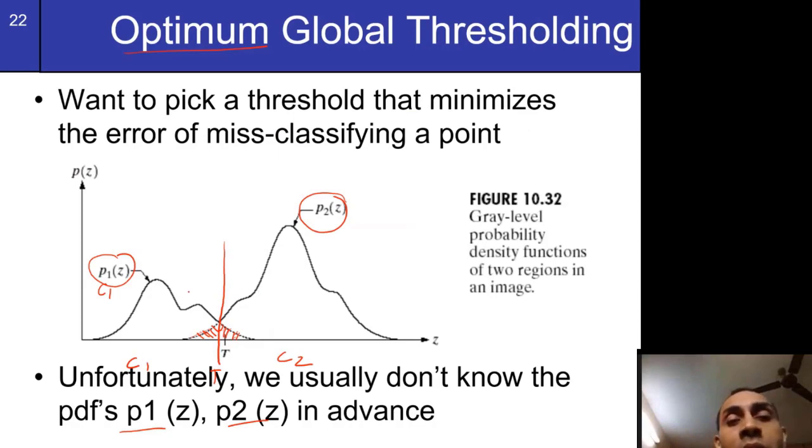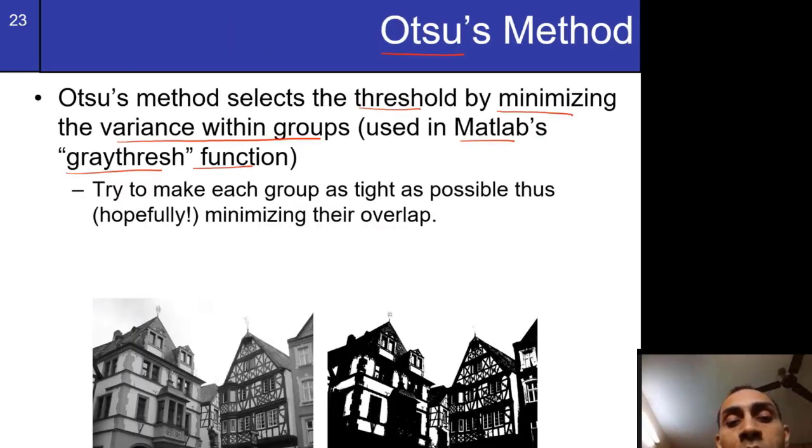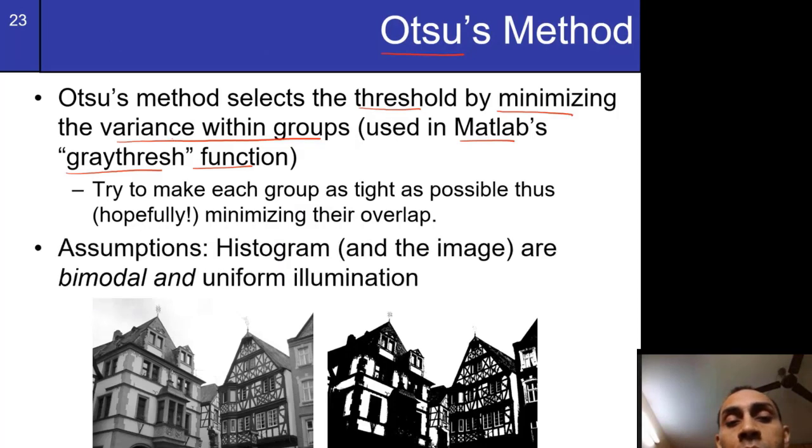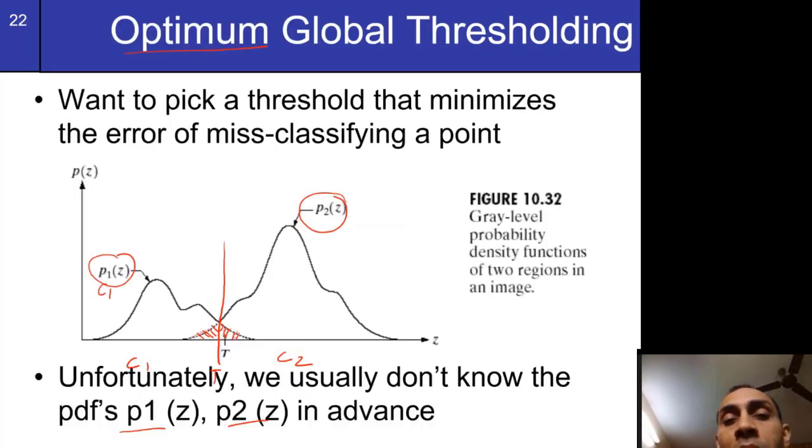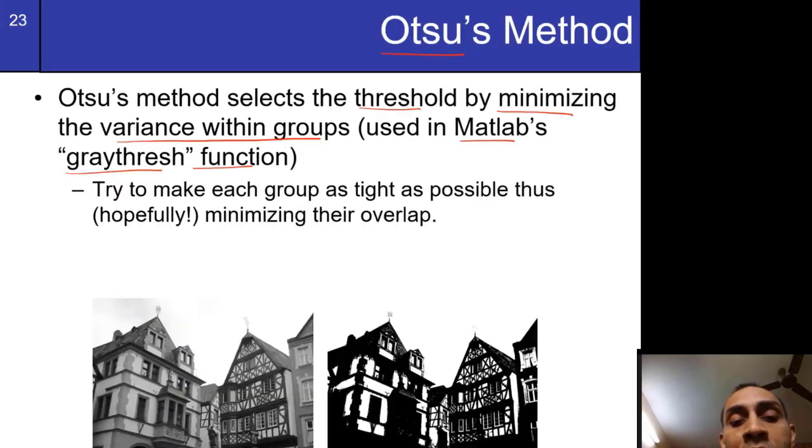It calculates the variance of each group and between these two groups. So this class is C1, this class is C2. There is a within class variance of each class, and there is a between class variance. We'll talk about that later on.